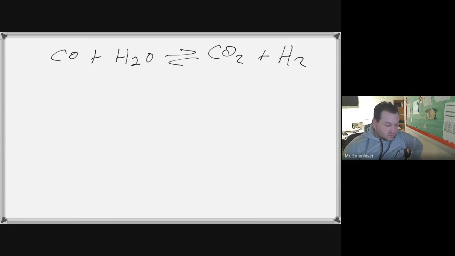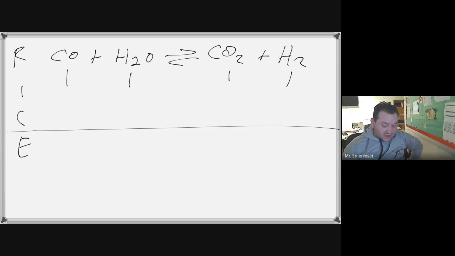All right, so let's do our rice table again. CO plus H2O is in equilibrium with CO2 and H2. We know that this was 1, 1, 1, and 1. We know that the change was minus 0.387, right? 0.387 minus 0.387.